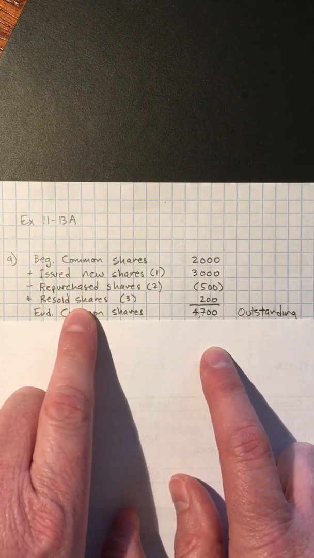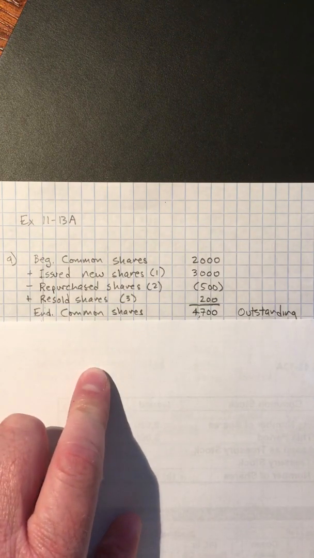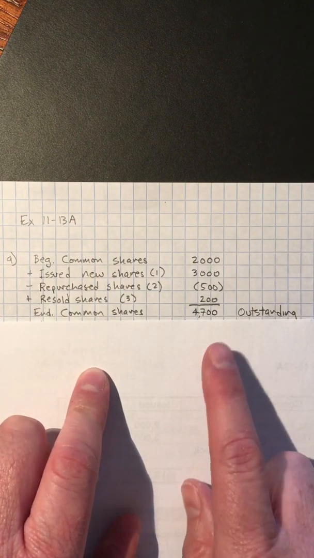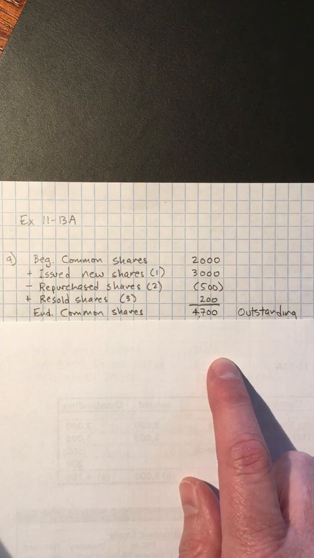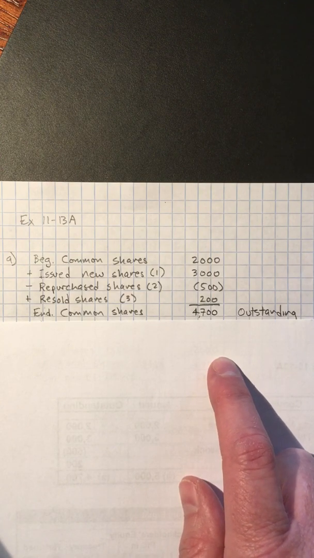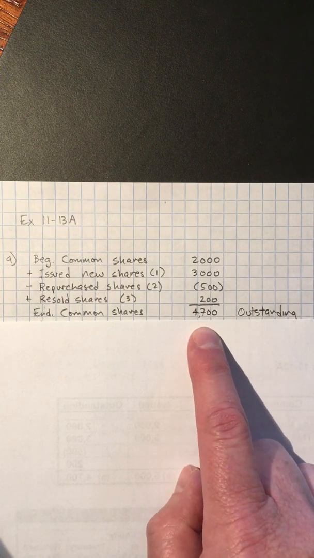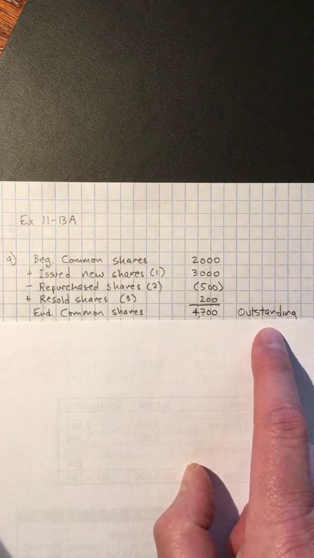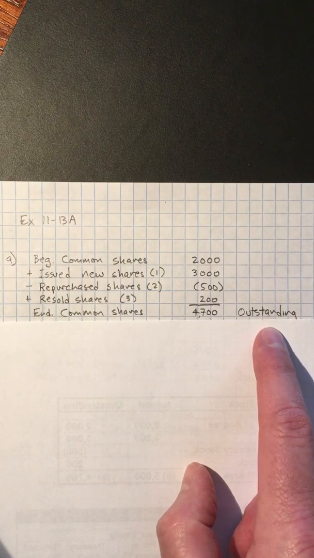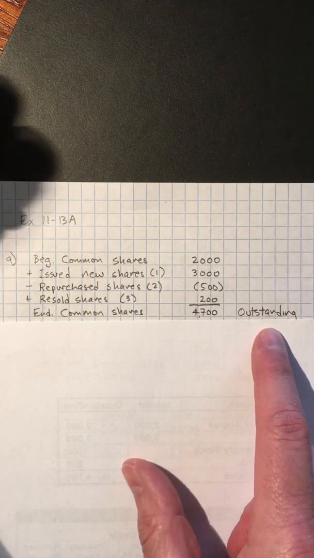And then transaction 3, we resold 200 of those shares. So I have 2,000, I add 3,000 to the amount that's outstanding, subtract 500, and add back the 200 I resold. So I end up with 4,700 shares that are outstanding. Think of outstanding as being owned by shareholders.